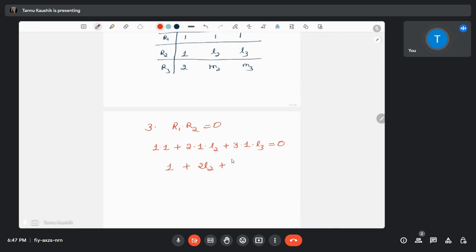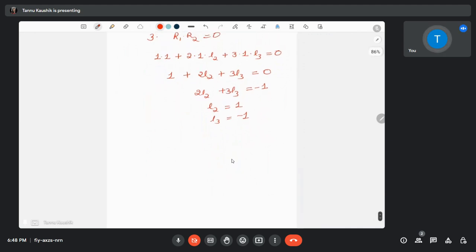So 1 plus 2L2 plus 3L3 is equal to 0. So now 2L2 plus 3L3 is equal to minus 1. So what could be the possible L2 and L3 values? So L2 should be 1 and L3 will be minus 1.